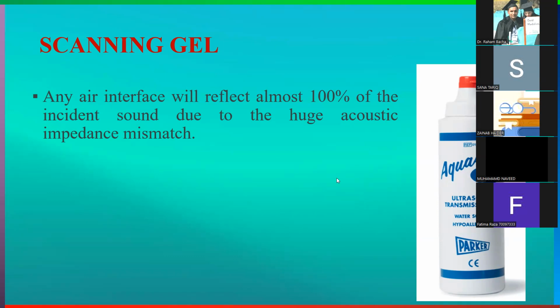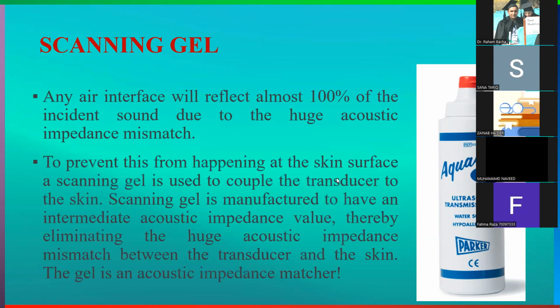That's why we are using acoustic gel, because the acoustic impedance of the gel is in between the acoustic impedance of the soft tissue and the transducer crystal. This is the technical use of the acoustic gel.